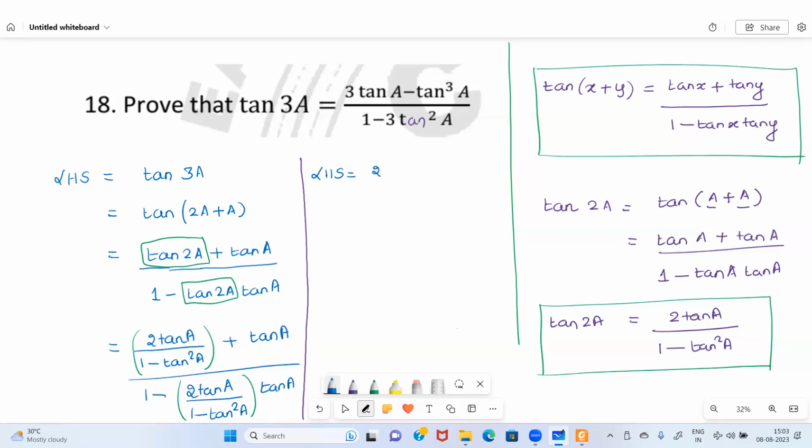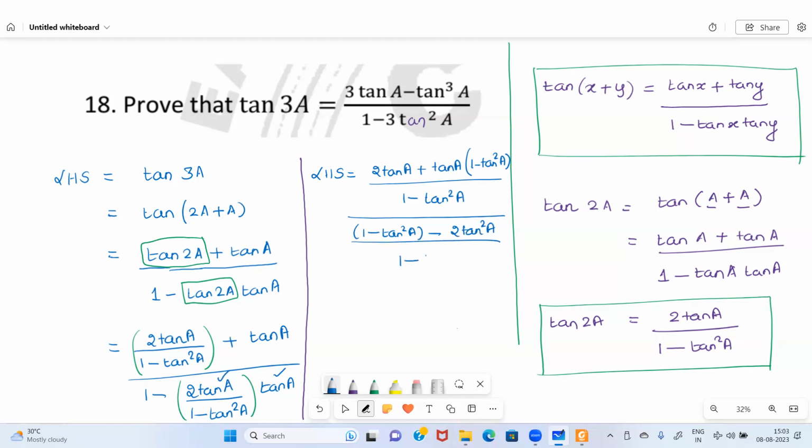So if I take LCM, it is 2 tan a plus tan a, and when I take LCM, this 1 minus tan square a comes here, divided by 1 minus tan square a. The whole thing divided by 1 minus tan square a. The LCM is going to come here, minus tan a into tan a. So that's tan square a. So 2 tan square a, divided by 1 minus tan square a.